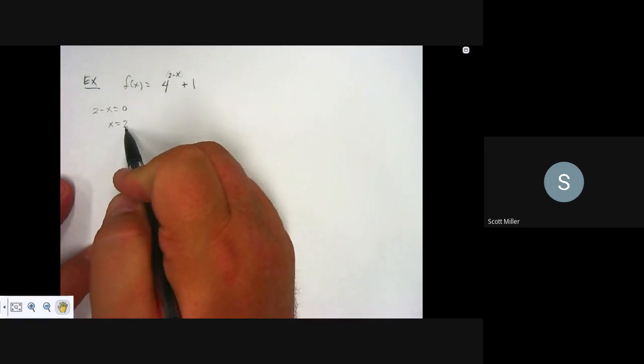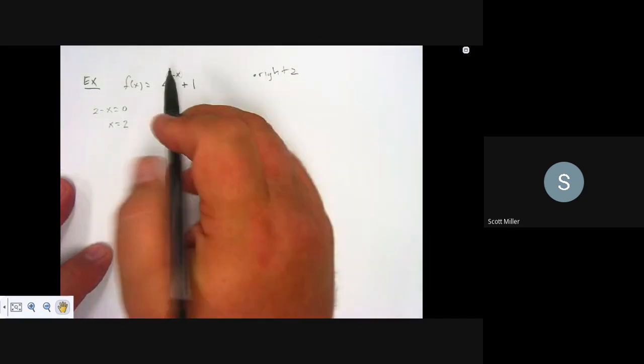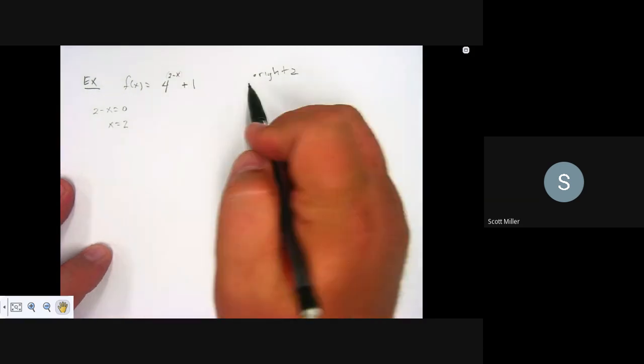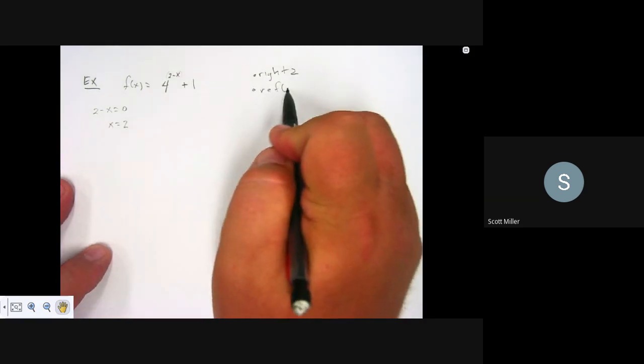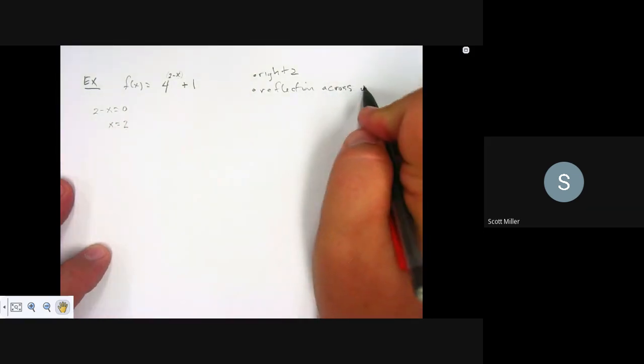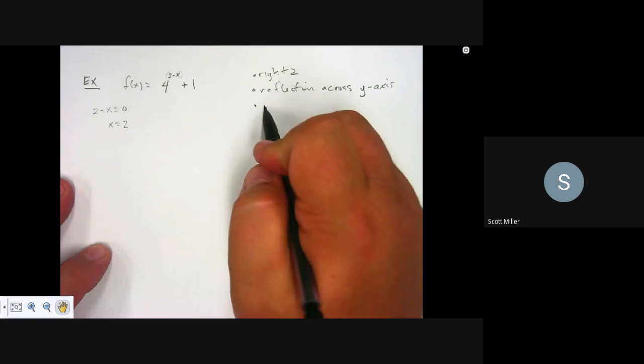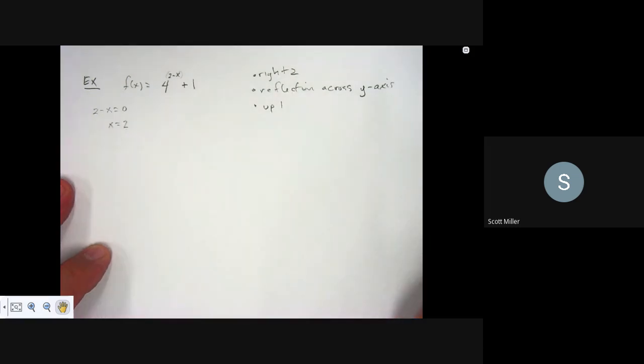So based off of this, positive 2 means I'm going to go to the right 2 units. And then I have a negative in front of the x, so that is a reflection across the y-axis. And then I have to go up 1 unit. So that's how I would list the transformations from that.